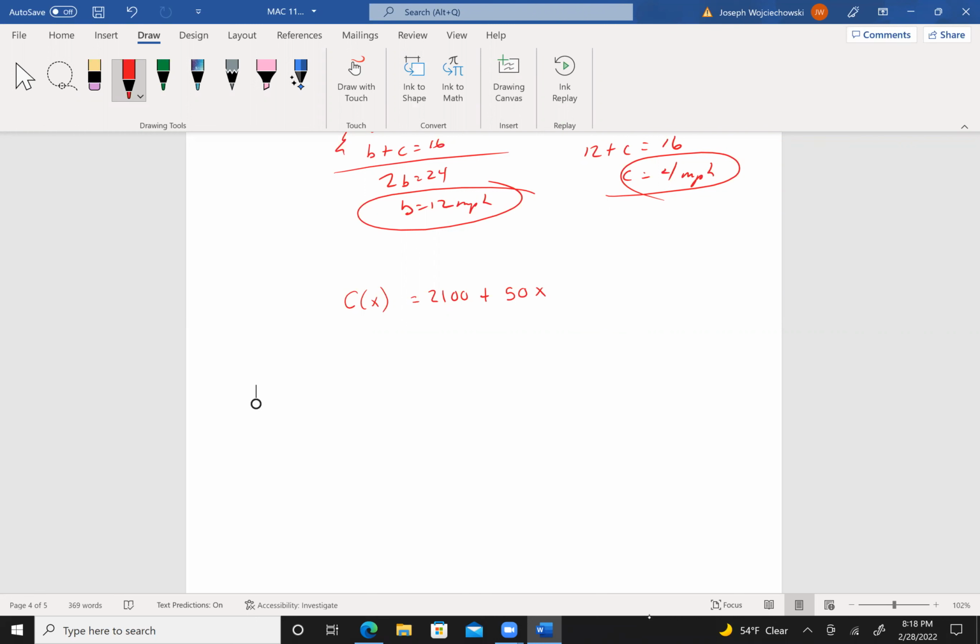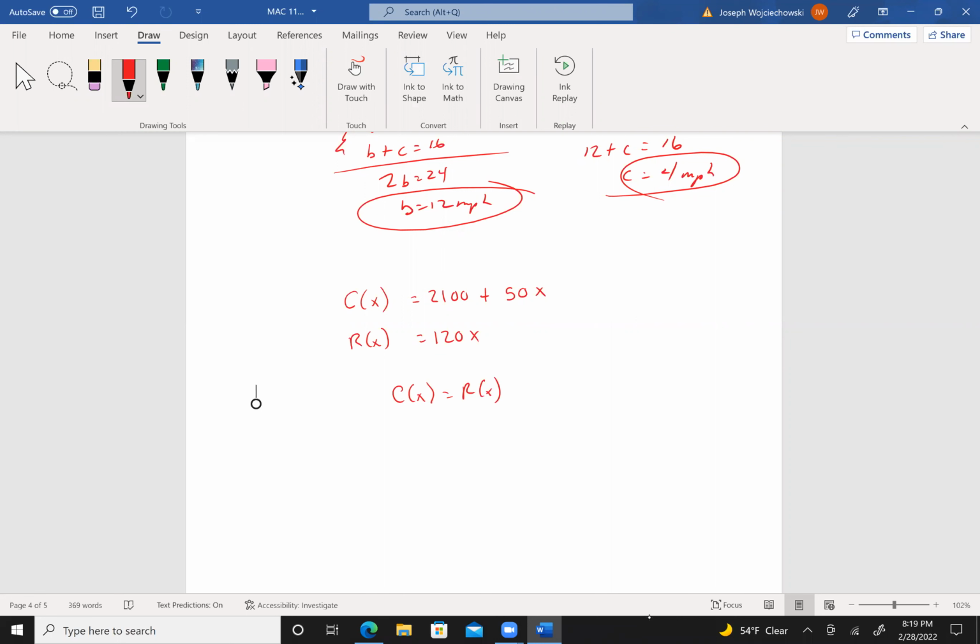So write a cost function, we just did. Write a revenue function. Revenue is simply 120 times the number of units, right? Determine the number of units that must be rented in a month for the company to break even. Well, I don't know why they put this one in here, because when cost equals revenue, we break even.